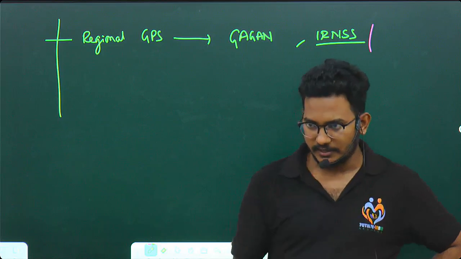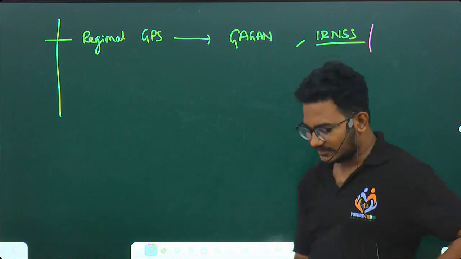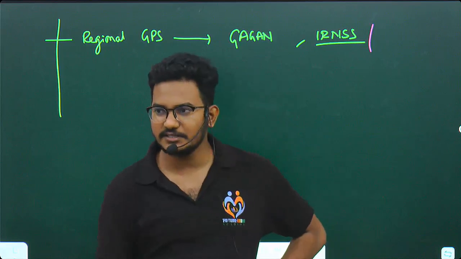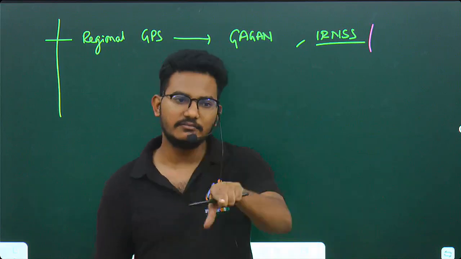Write down, this is a constellation of 7 satellites. A constellation means all these 7 satellites will work together.